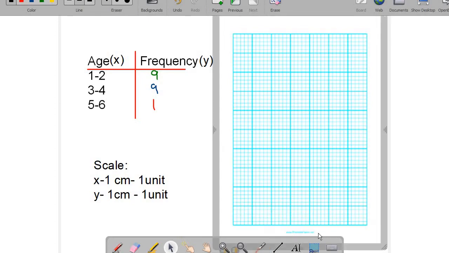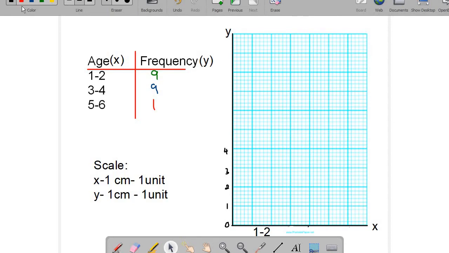Then 3 to 4. And the third interval is 5 to 6. This was meant for the y-axis.